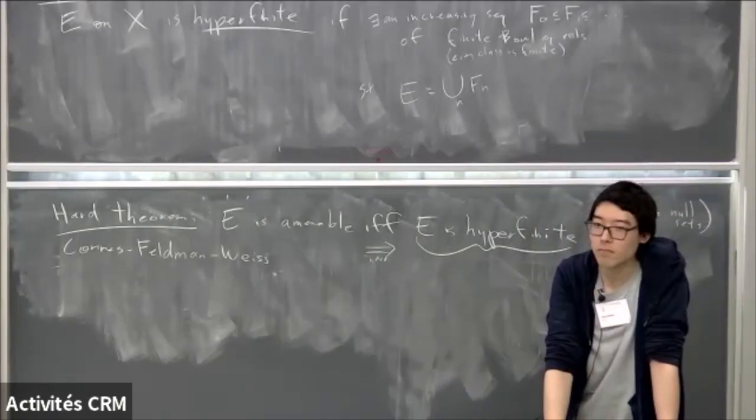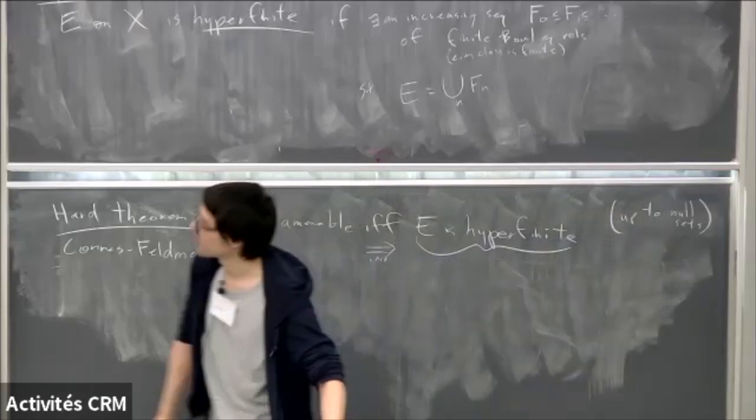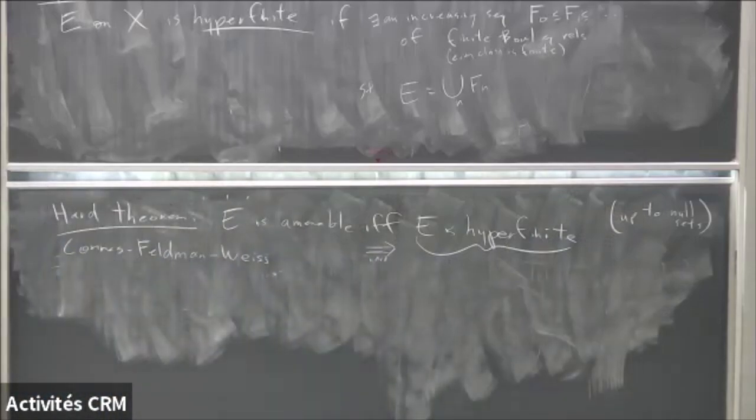Any questions? Can you explain again why this is like the sequence of Reiter functions, the analogy? Yeah, I can just write down the group definition. A group is amenable if there exists a sequence P_n of probability measures on gamma such that for all gamma, the nth probability measure minus the nth probability measure shifted by gamma goes to 0.